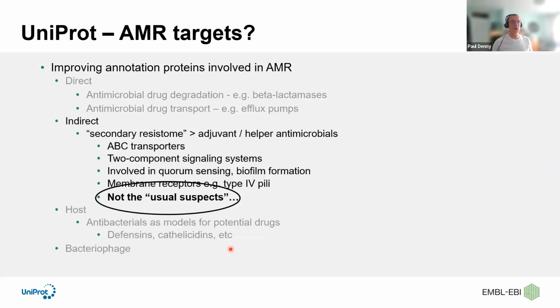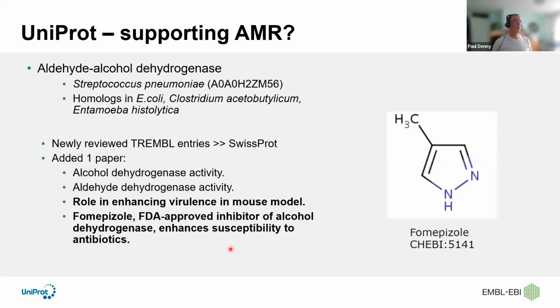Finally, as an example, I'm going to just mention a protein which is not at all the kind of thing you pluck out of the air and say, oh, well, this plays a role in AMR. This is an aldehyde alcohol dehydrogenase. It's found in Streptococcus, but it's also got homologs in other species.